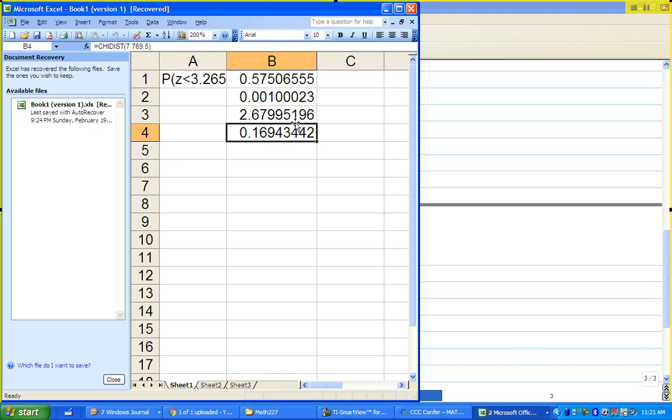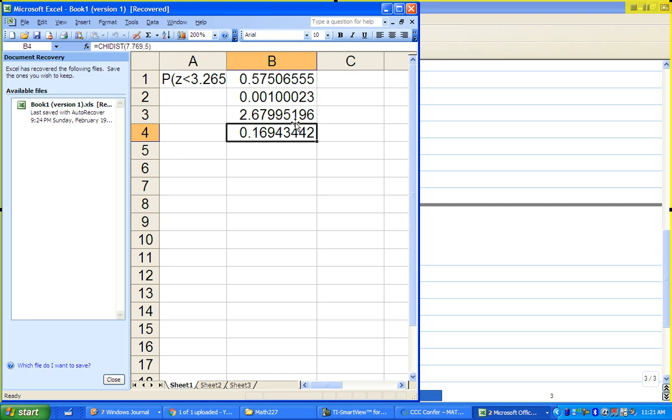And the same thing for chi-square, except here they just call it chi distribution. So you go chi SQ, then dot dist. And say you want to figure out the probability that chi-squared is less than 7.769 with degrees of freedom 5.